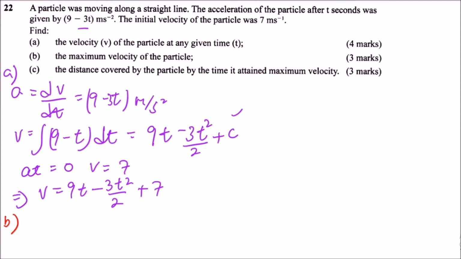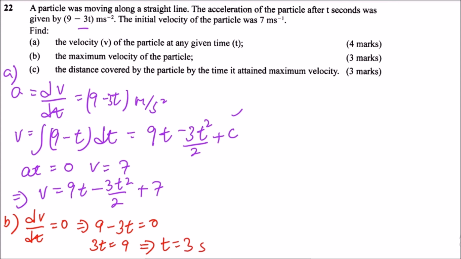We know that the maximum velocity will be at dv over dt equals 0, which is the same as acceleration, implying that 9 minus 3t equals 0. 3t equals 9, implying that t is equal to 3. So 3 seconds is when you have maximum velocity.